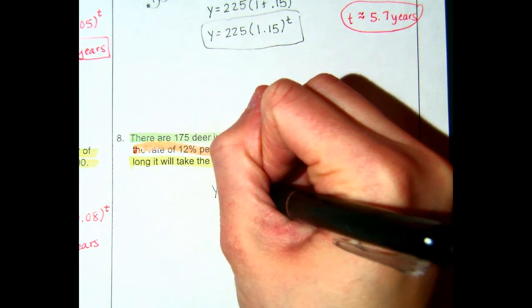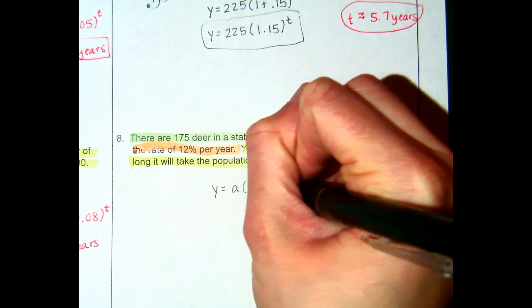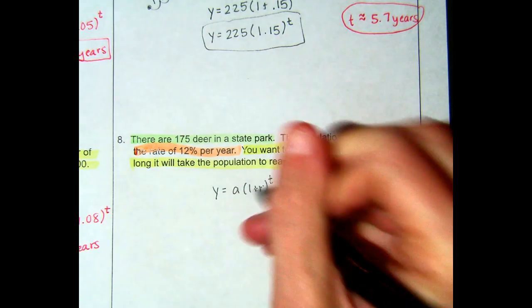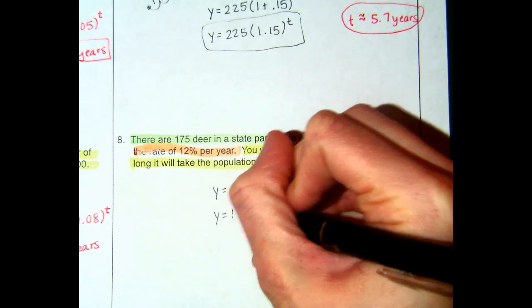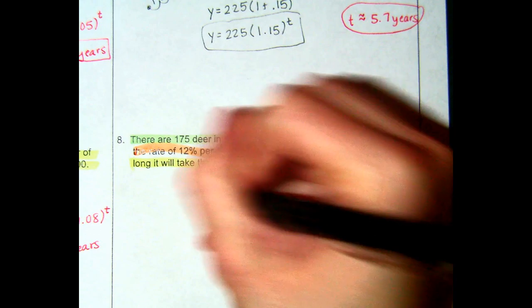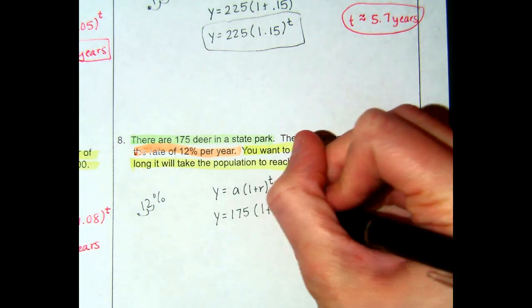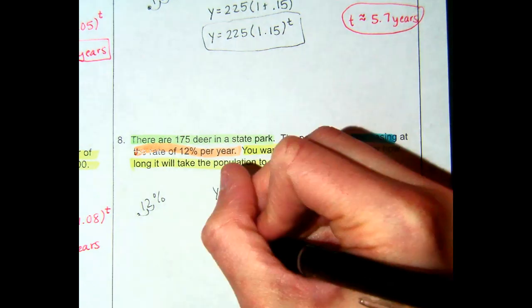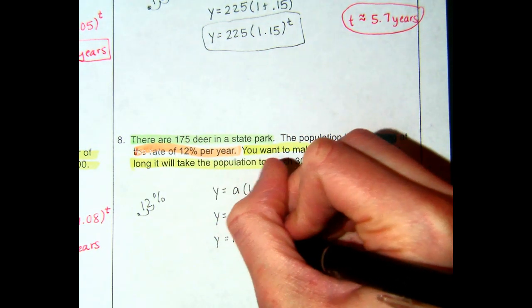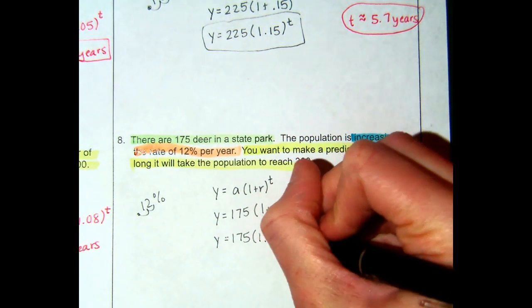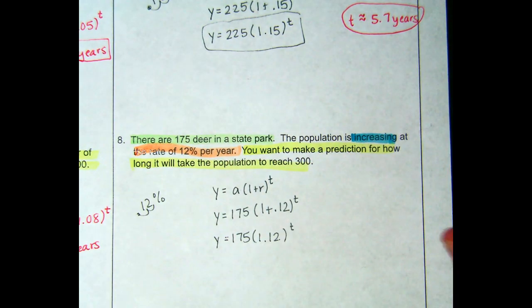Increasing, a times 1 plus r to the t. y equals, they start at 175. We have 12%. Move the decimal place over, so we have 0.12 to the t. Combine, you have 1.12 to the t.